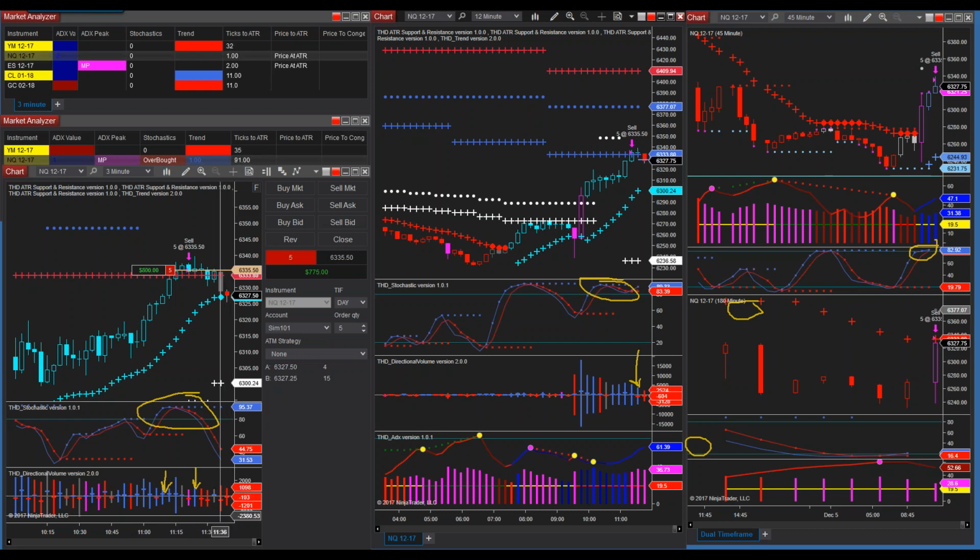I'd really like to see sellers stepping in stronger here. I don't want to see it bounce up from this area.